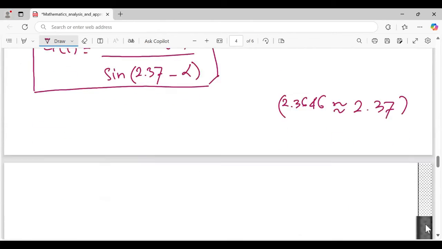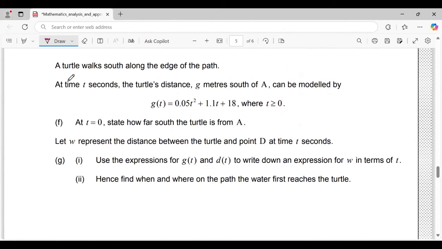Next, a turtle walks to the south along the edge of the path. At time t seconds, the turtle's distance g meters south of A can be modeled by this function.